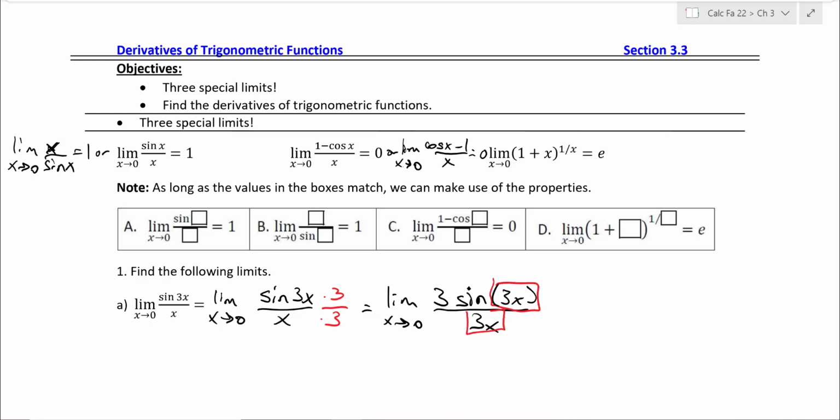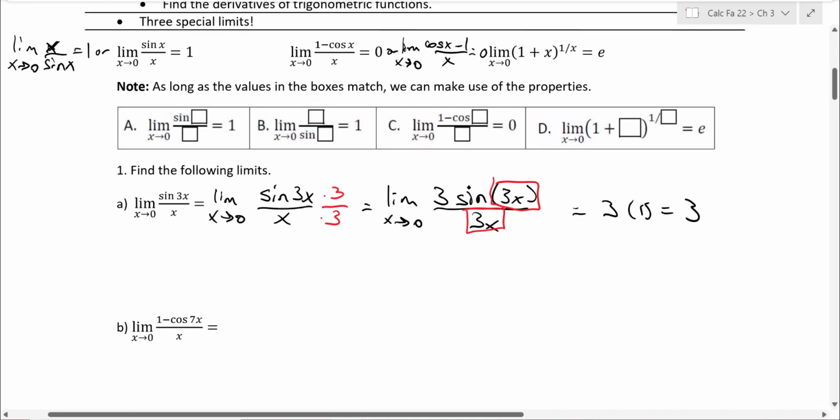So the fact that these two things match means we can take advantage of that first special limit. Limit as x approaches 0 of sine x over x is 1. So we end up with a 3 times 1, or 3 for our limit. And the rest will work pretty much the same way. So you can try them or you can watch, but I'll run through them all.